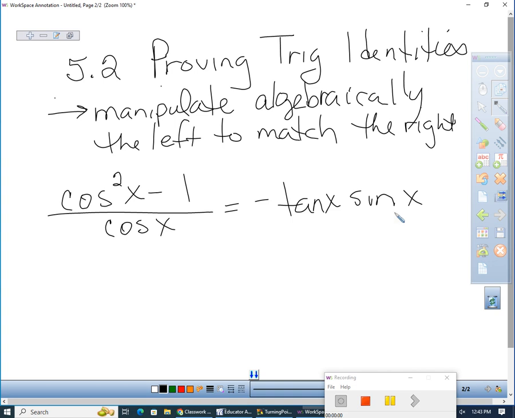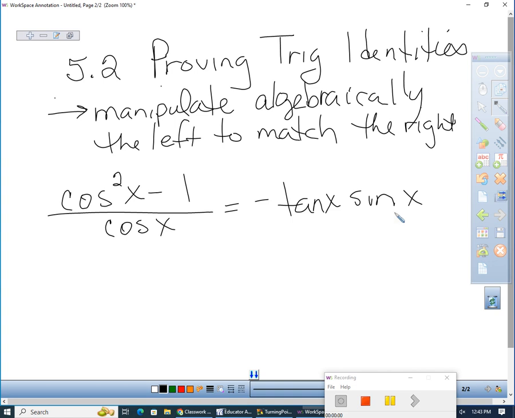So one thing I want to point out, first of all, is anytime you have something that's squared, you're going to want to change that out with a Pythagorean identity, right? And the other thing I want to point out is anytime there's only a single term on the bottom, you can put that underneath both of the terms, all right? So, for example, I could rewrite this as cosine squared x over cosine and then minus 1 over cosine, because you can split it up that way.